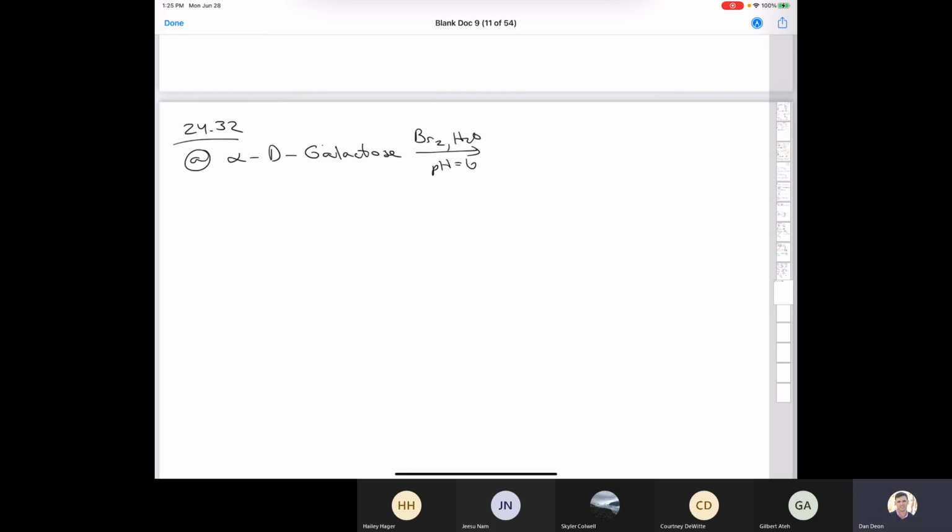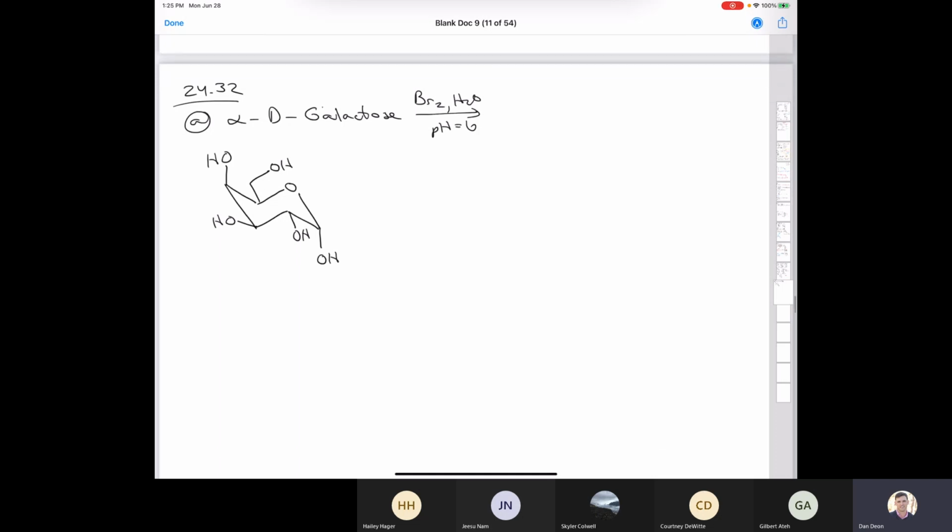So first thing we'll do is draw alpha-D-galactose. And again, that's one of those compounds that we drew today. We'll start by drawing the pyranose form. So it's alpha, so this hydroxyl is pointing down. This one never changes. This one is equatorial. This one is equatorial. This one is axial.